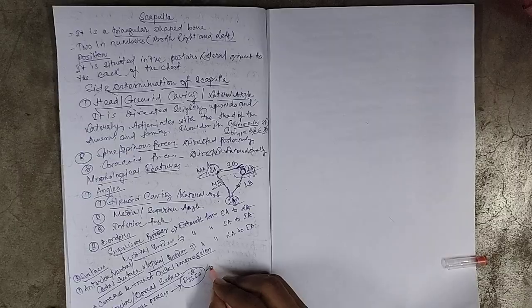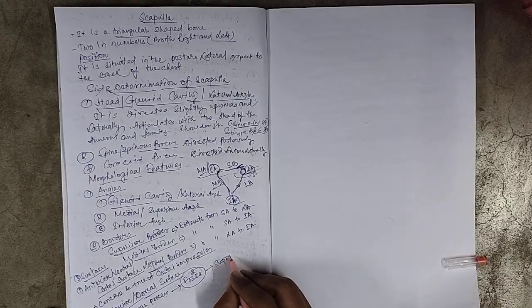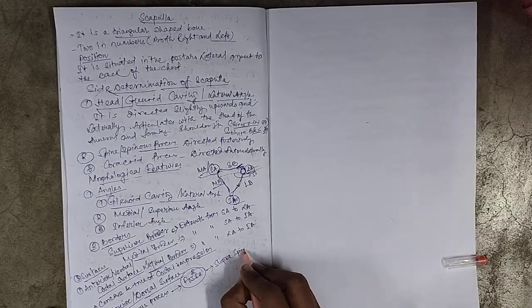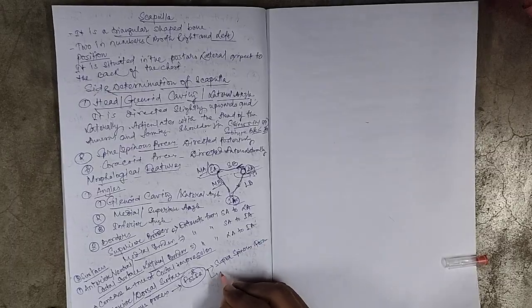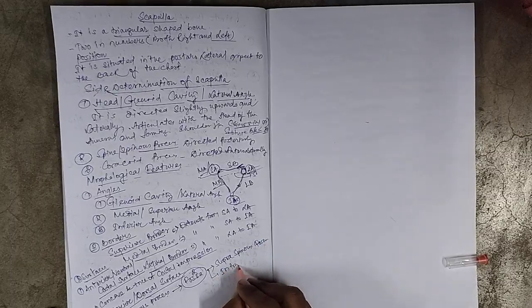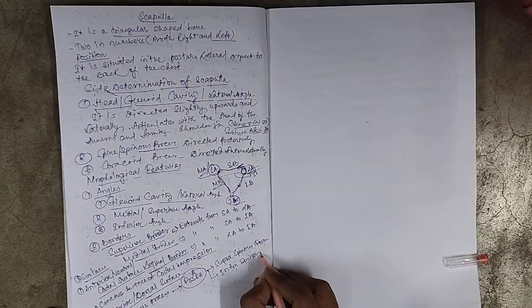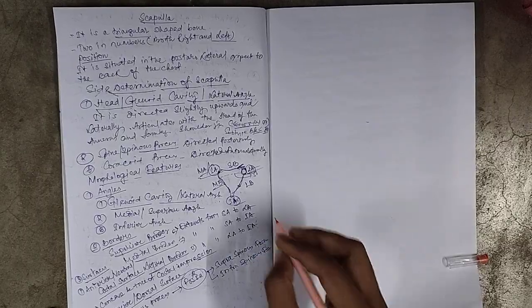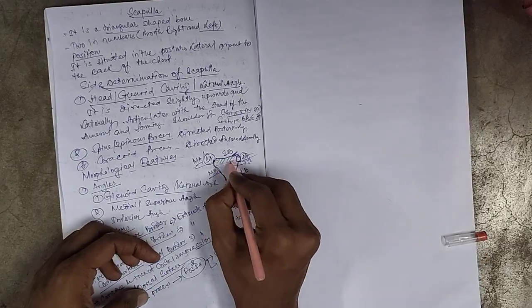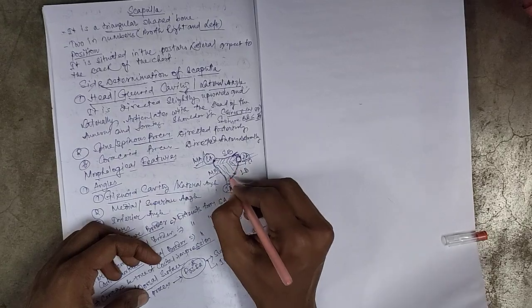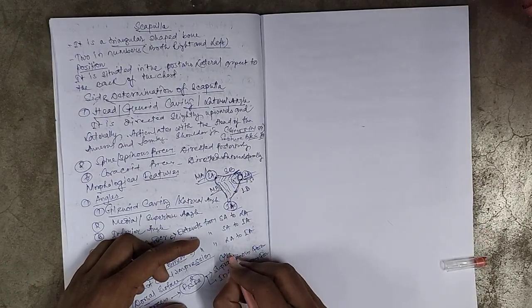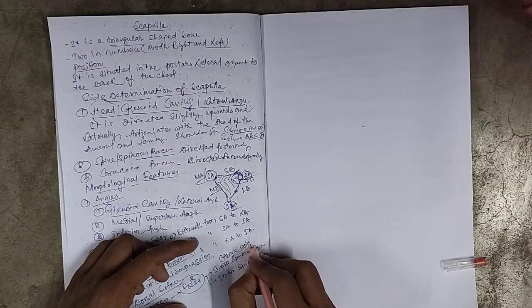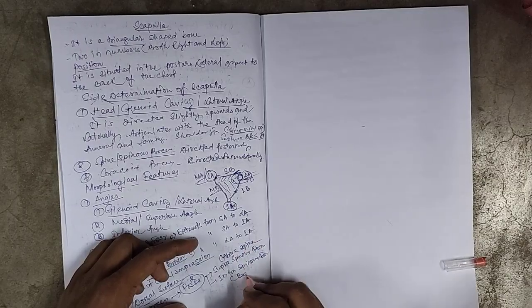What are they? One is the supraspinous fossa and one is the infraspinous fossa. This part is supraspinous and this part is infraspinous. Supraspinous is above the spine and infraspinous is below the spine.